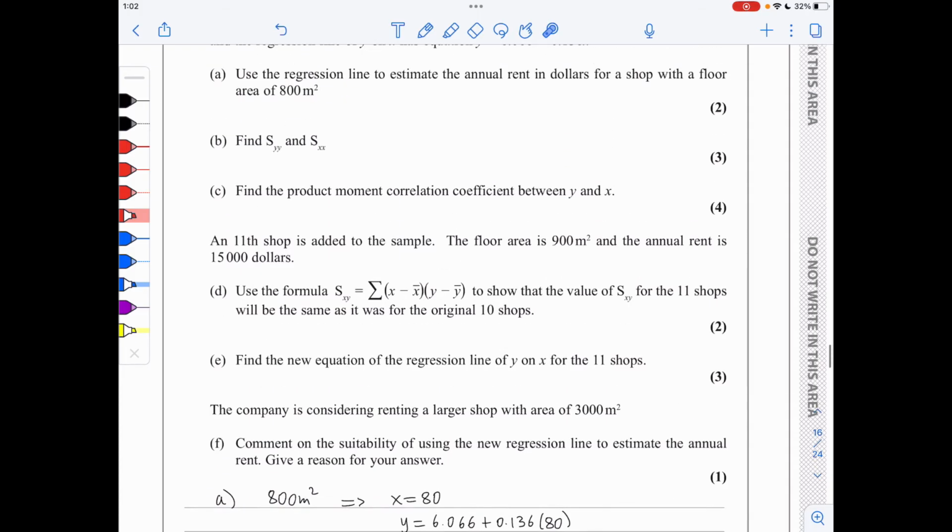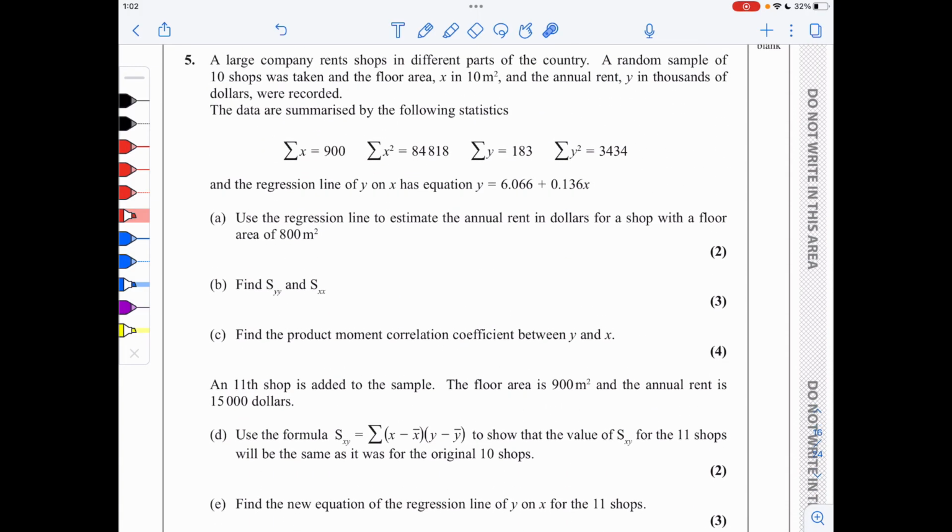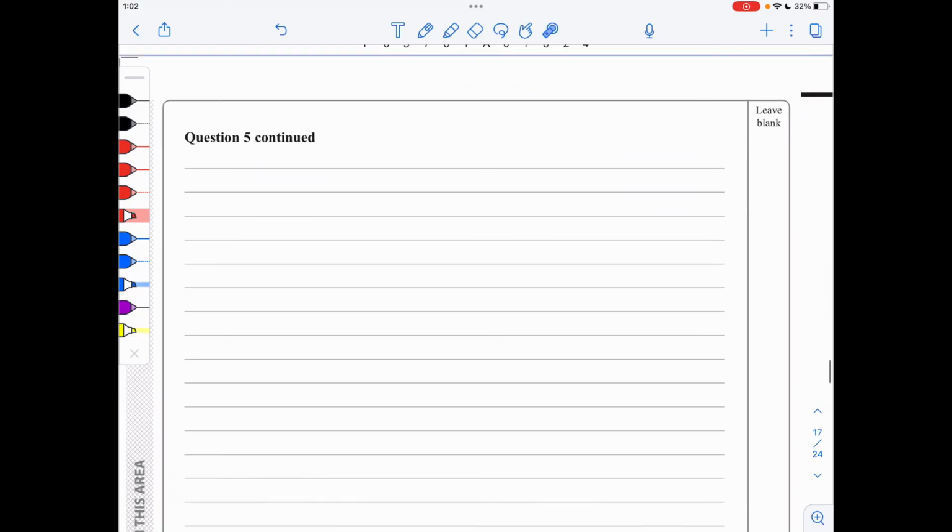For part C, we need to find the product moment correlation coefficient between y and x, and in order to do that, we need the value of SXY. I will be using the regression line here, and the fact that the gradient, the 0.136, is SXY over SXX. So let me start by writing this down. 0.136 is SXY over SXX.